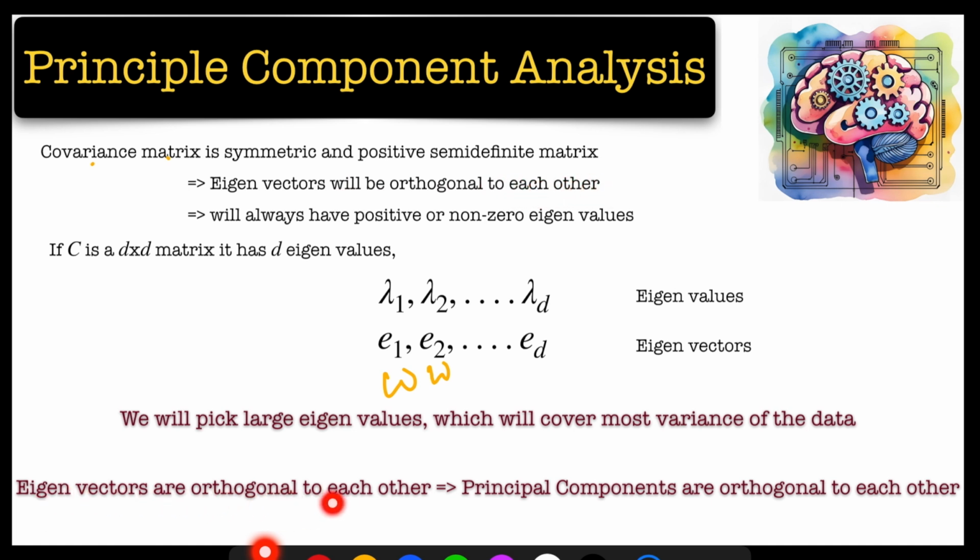That means the principal components are orthogonal to each other. So earlier also we talked, because we are rotating the axes, we are getting new axes. Here this also holds because principal components are orthogonal to each other. Axes will always be orthogonal to each other.